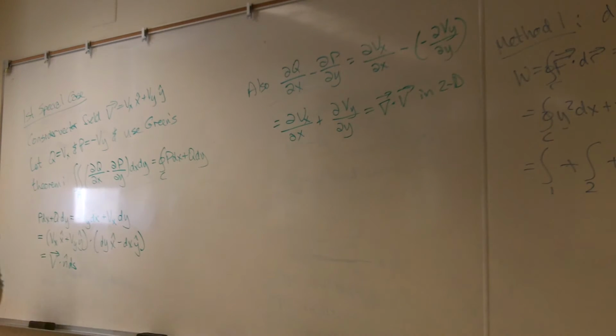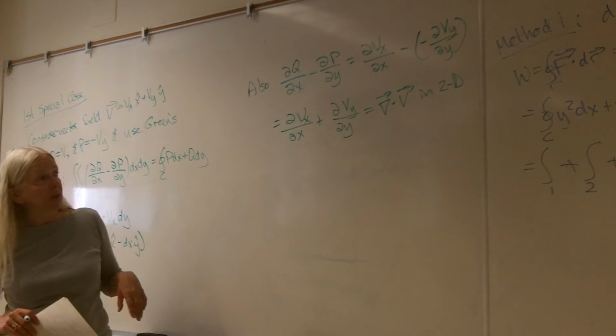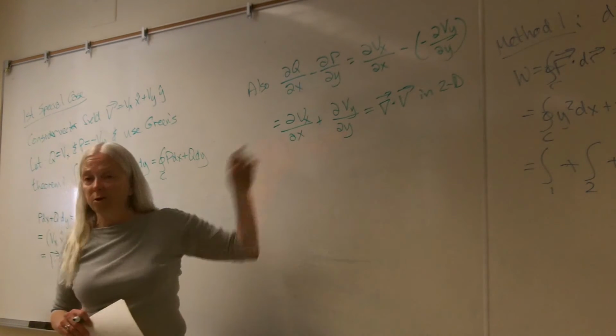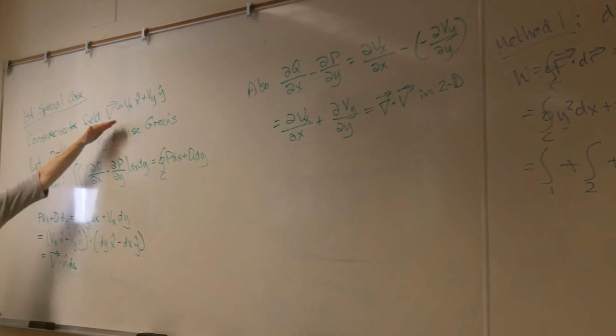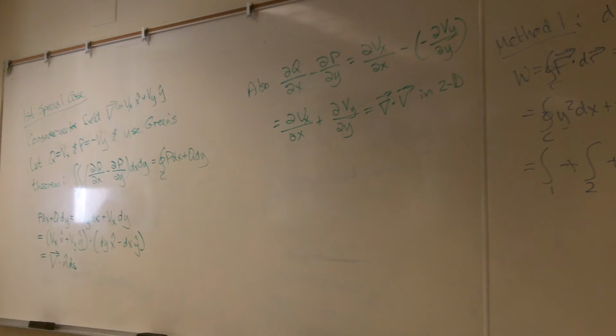Remember in Cartesian coordinates, the divergence of v is the derivative of v sub x with respect to x plus the derivative of v sub y with respect to y plus the derivative of v sub z with respect to z. So this is the first two out of those three terms. If v sub z were equal to 0, if we have a two-dimensional function to begin with, like we do here, that is the divergence.